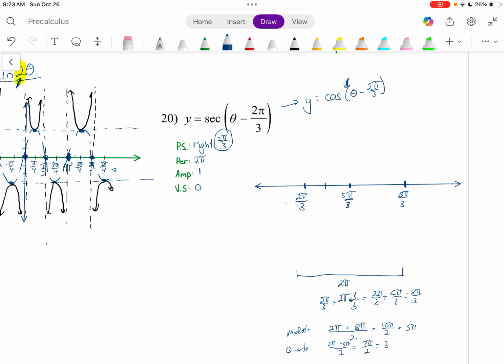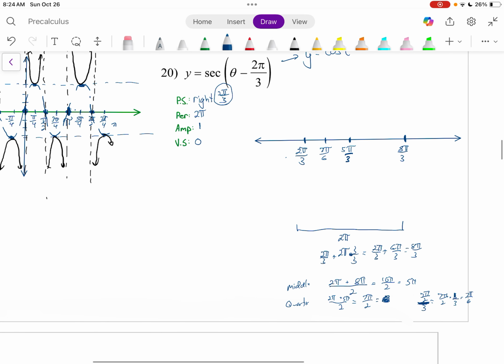But really, this is 7 pi over 2 over 3. Dividing is the same as multiplying by the reciprocal. So that's 7 pi over 2 times 1/3. The reciprocal of 3 gives us 7 pi over 6. So this is 7 pi over 6.